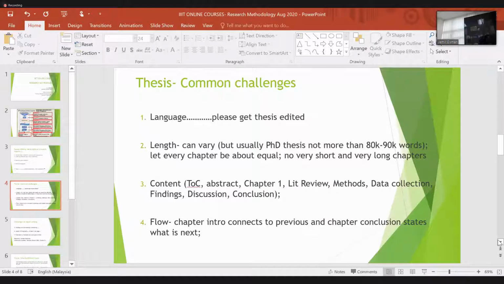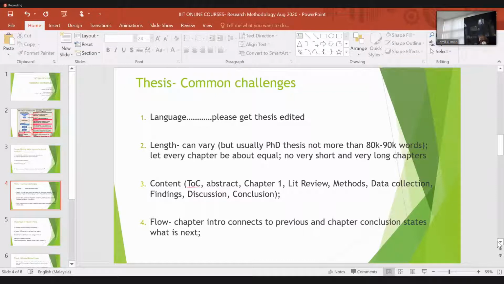Now, I'm sure anybody who is in a university from the audience, your university must have organized seminars, or some kind of activity that talks about your research process, how you do research, etc. So in these 4 to 5 slides that I have, I just want to share with you some of the challenges that I have come across in the few years that I have been supervising and reviewing theses.